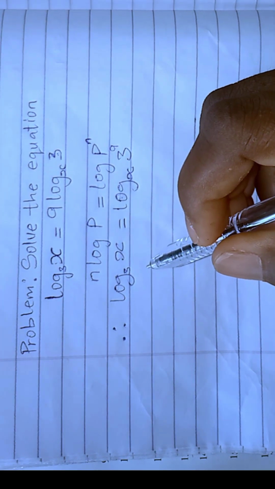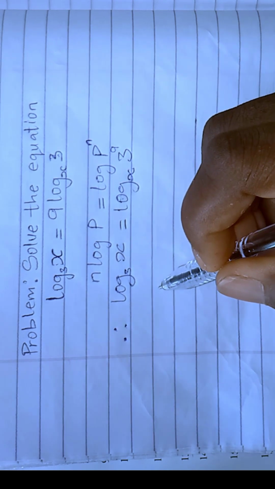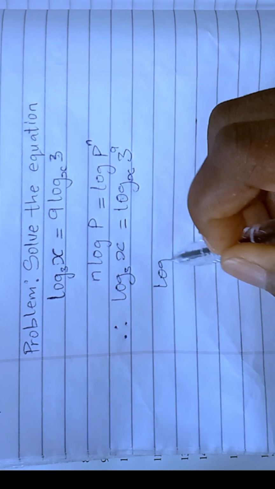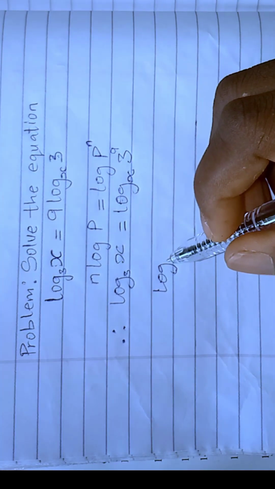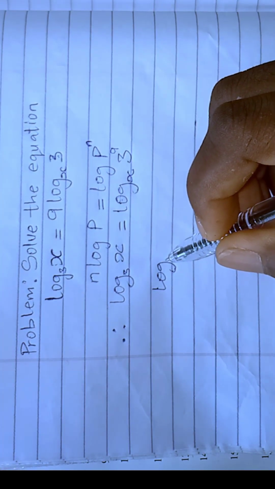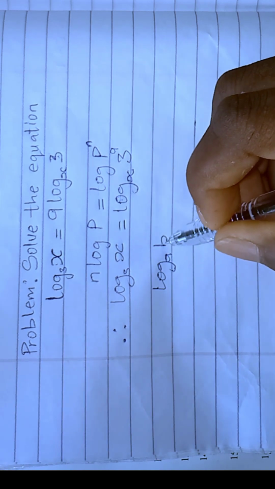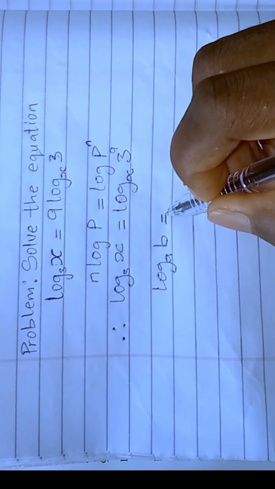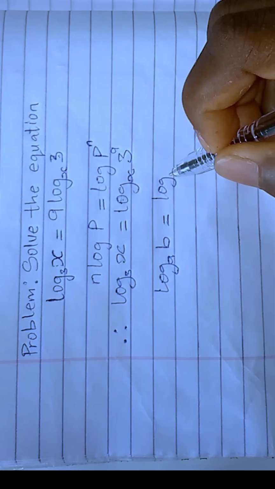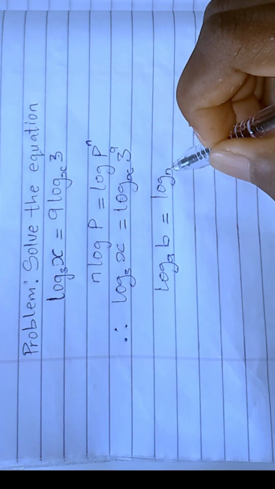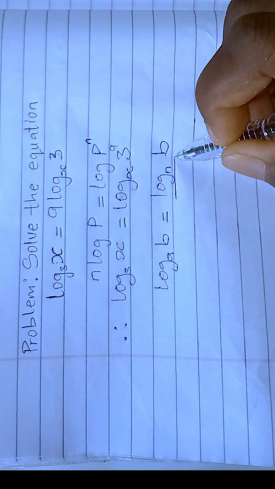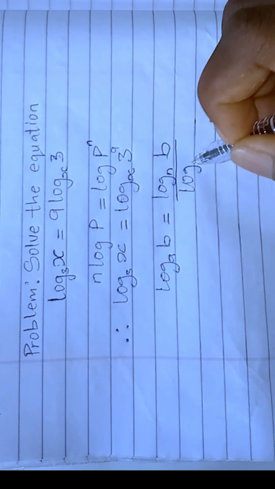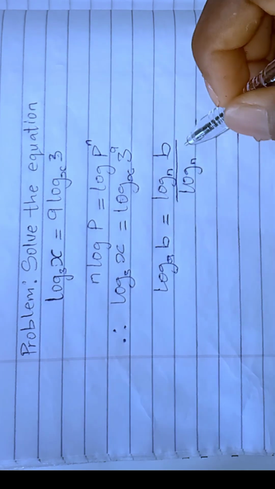So the second step now, you have to note again, there is a law of logarithm called the law of change of base. When you have the logarithm to any base, let's say a, of a number b, it is the same thing as the logarithm to a new base n of that number, all over the logarithm to that same new base of the former base.